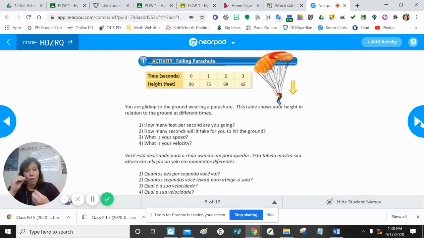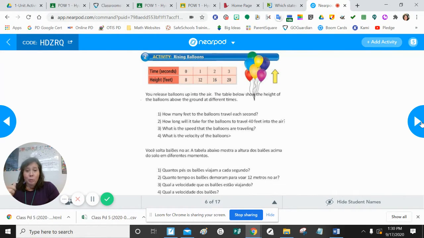It's a fraction. Your feet, your distance over your time. And since we're talking about 1 second intervals or unit rate, our denominator is 1, and we can just not say the denominator. So 15 feet per second. That is our speed. We're traveling down to Earth, so our velocity is a negative number, negative 15 feet per second.